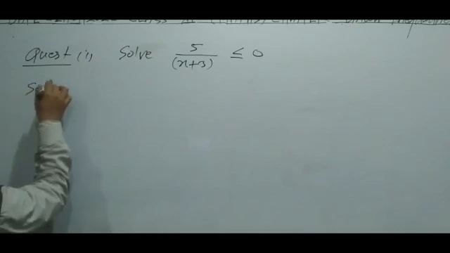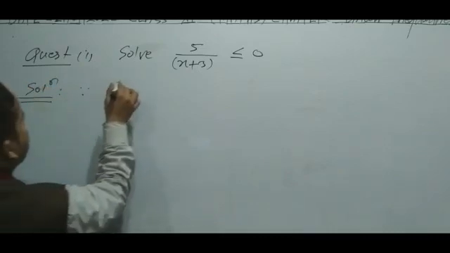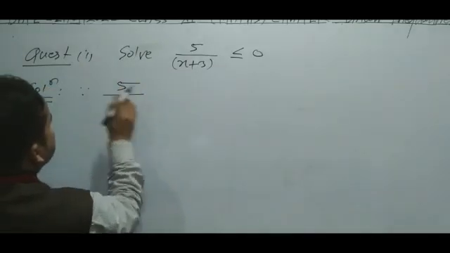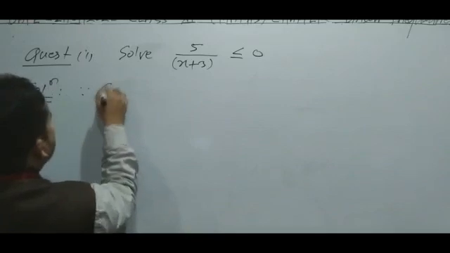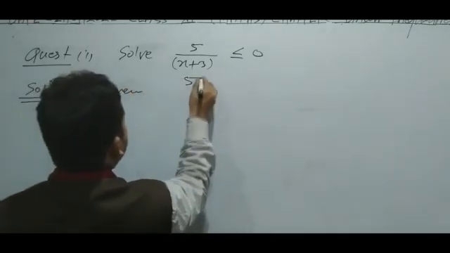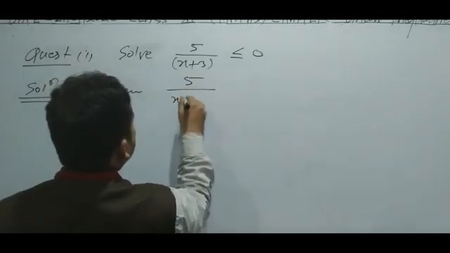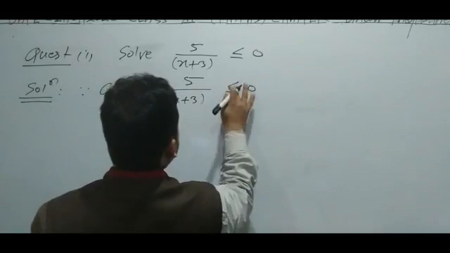Since this is given, 5 upon x plus 3 is less than or equal to 0.